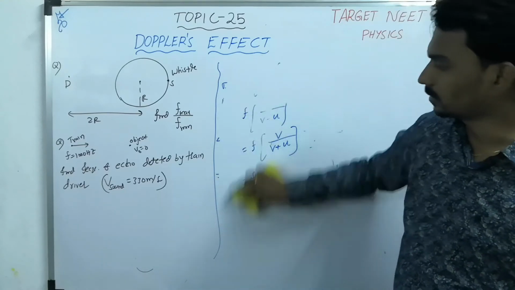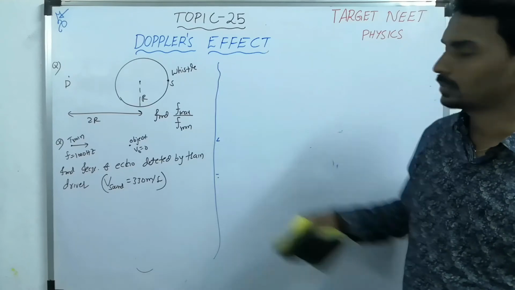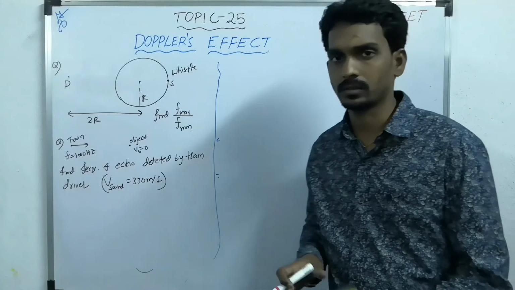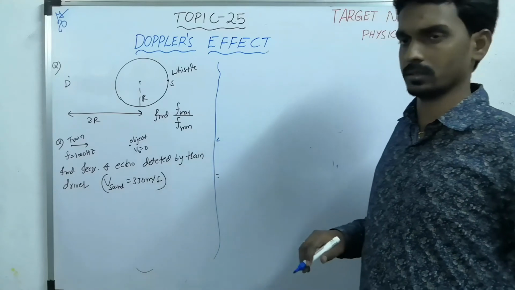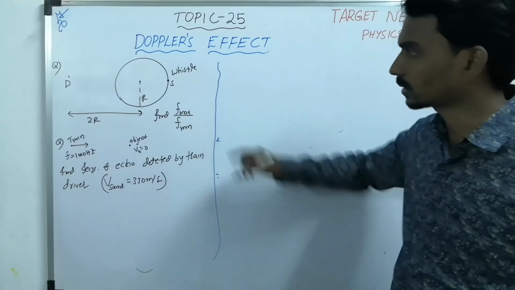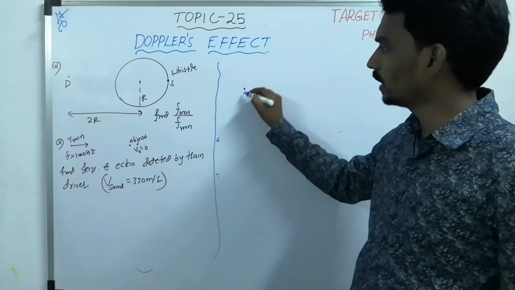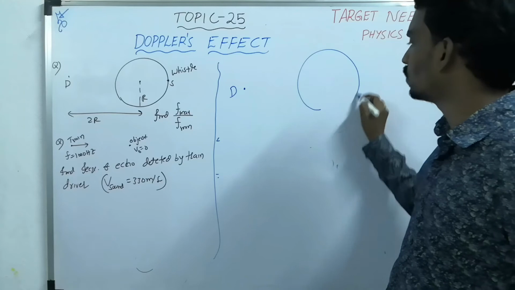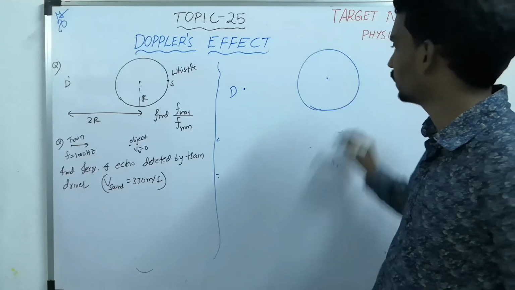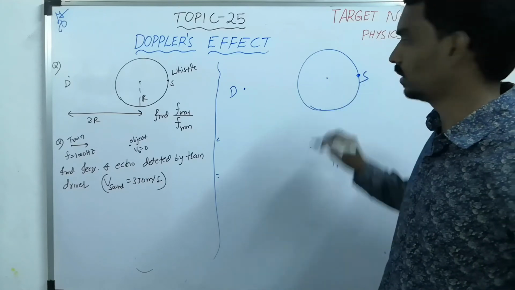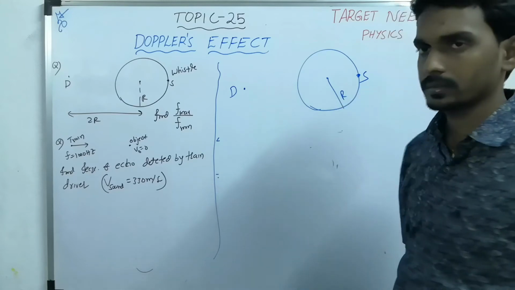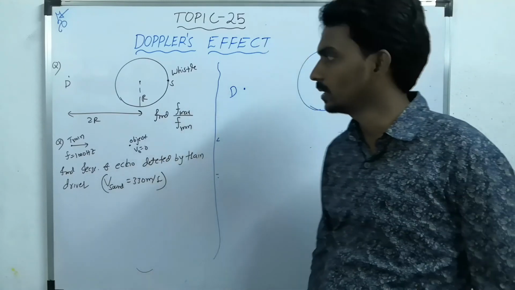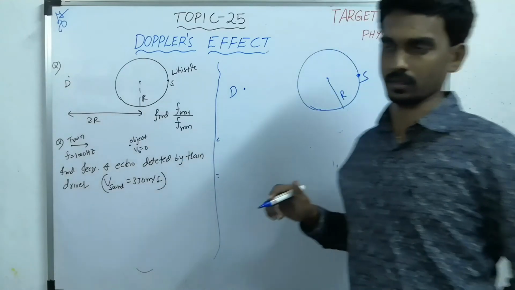Similarly, consider one question. Here the detector is standing somewhere and one vessel is moving in a circular path of radius capital R. Now they are asking to find f maximum by f minimum detected by the detector.